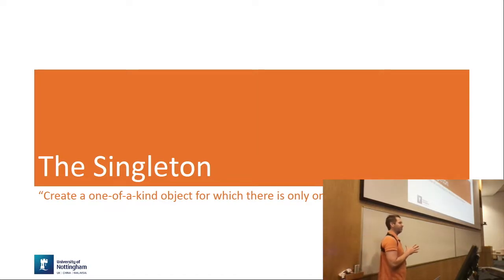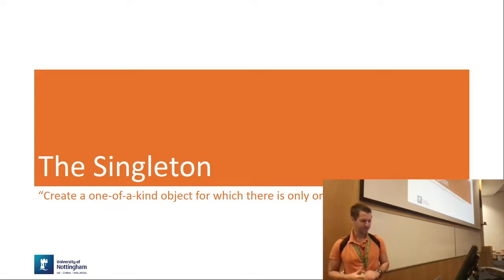Imagine you have a database, and the database is 30 gigabytes or 30 terabytes. Imagine if you accidentally created a copy of the database and turned 30 terabytes into 60 terabytes. That would not be good, right? So that's a good time to use the Singleton pattern, when you have large data sets.